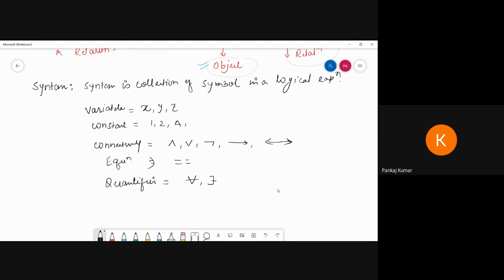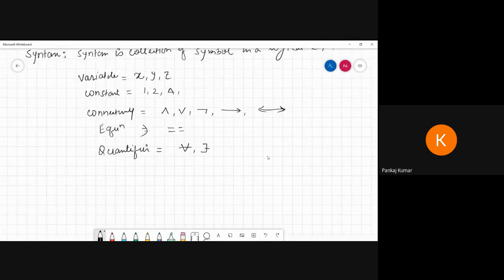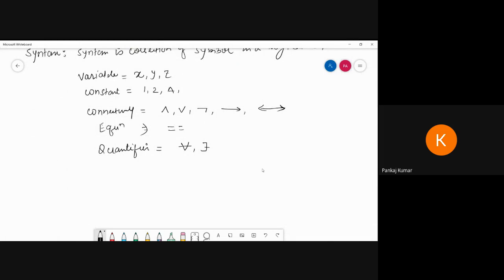So what is the meaning of quantifier? In propositional logic we cannot define all, some, and this type of thing. Suppose I want to write all men drink coffee. How can I explain it with the help of propositional logic? This is not possible. So for that purpose we can use the quantifier. This is for all, and this is for some, that means at least one.